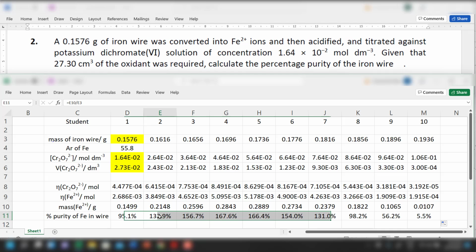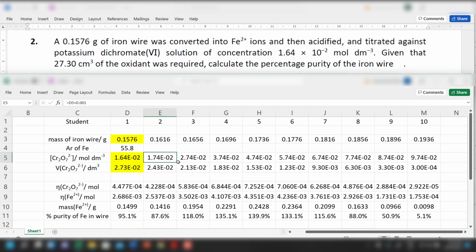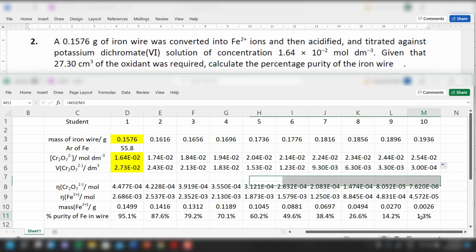You notice that some of the percentages don't quite make sense, right? For the percentage that doesn't quite make sense, then you know that one of the things you probably should be doing is not changing the concentration too drastically. Something like that, if I just drag across, that will work. And then you notice that this percentage is really low, which again doesn't quite make sense.